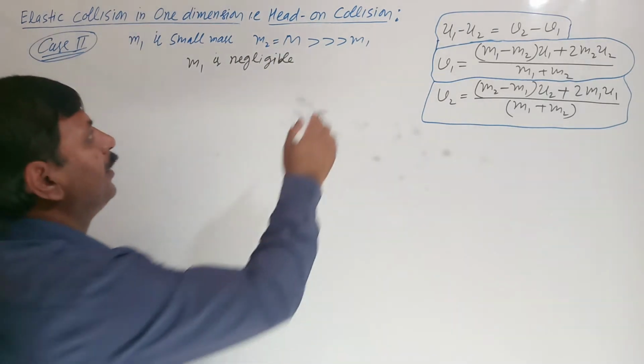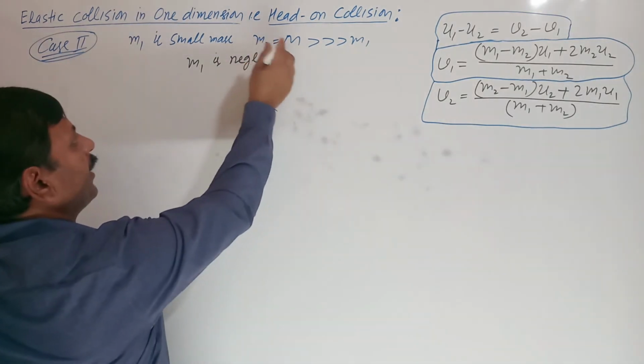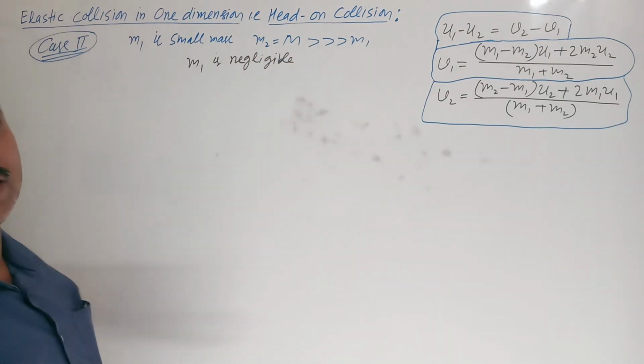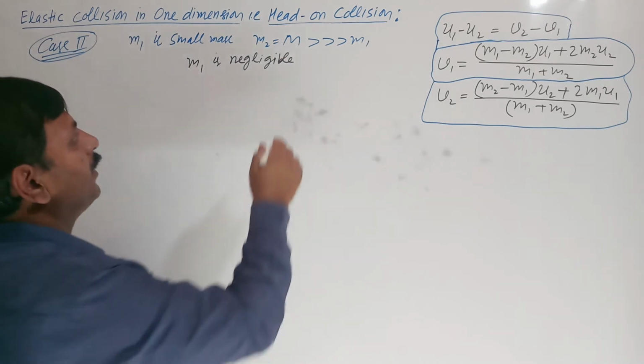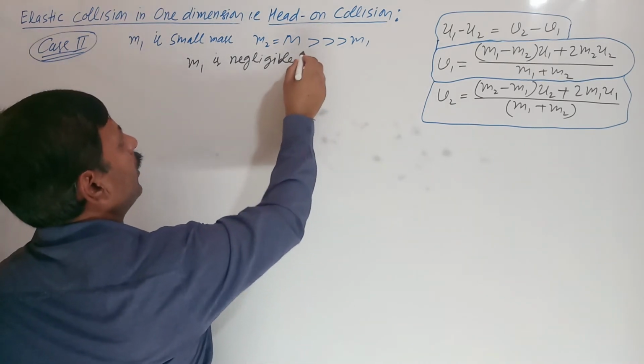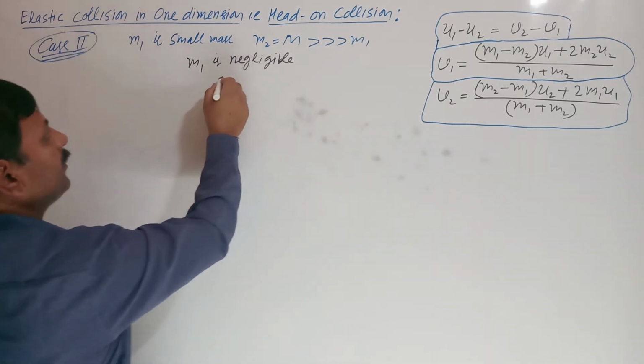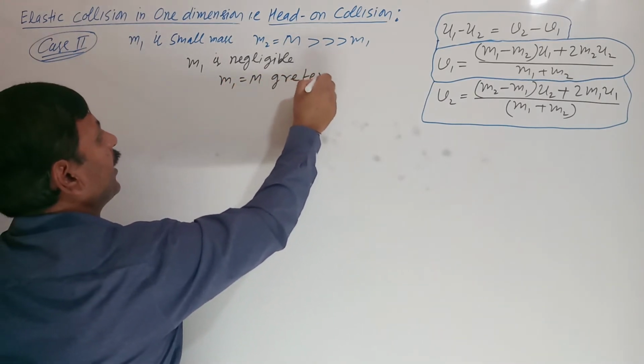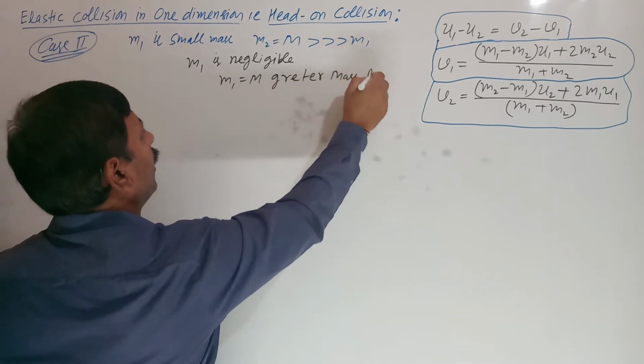I have taken m2 as the wall, so the mass of the wall is much greater than the small m1.